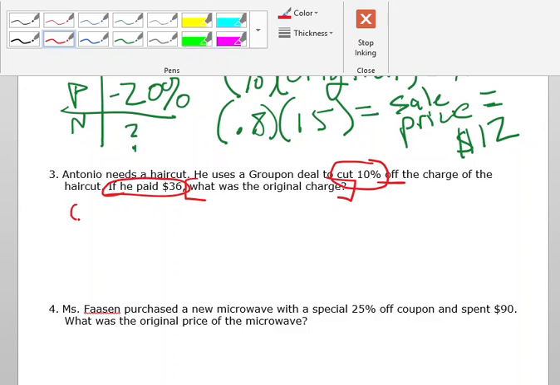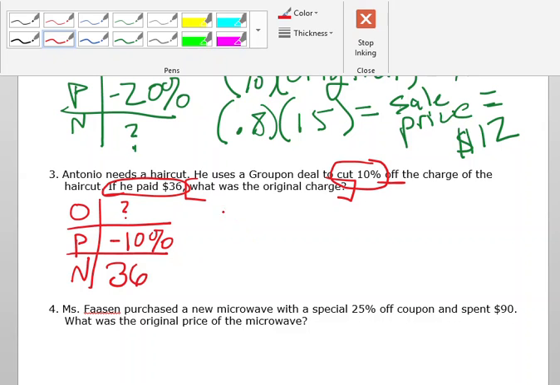I'm going to do my OPN. Maybe you're sick of these. I don't care, they work. My original, I do not know. The percent change is minus 10%, and the new price was $36.